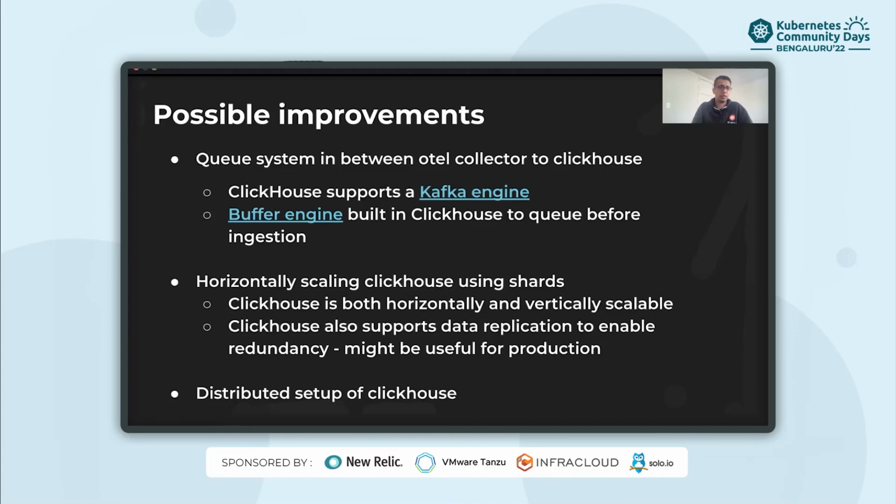And the third piece is you can also do a distributed setup of ClickHouse. Rather than having a single machine ClickHouse instance running, you can set up a distributed one so that the same query is distributed among different instances, and then you can get data from the different instances and merge it back, right? Those are some of the possible improvements we think could be made.